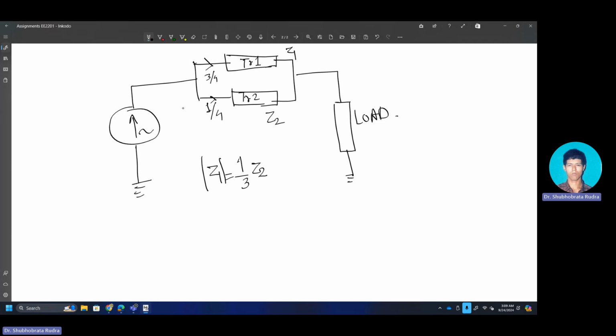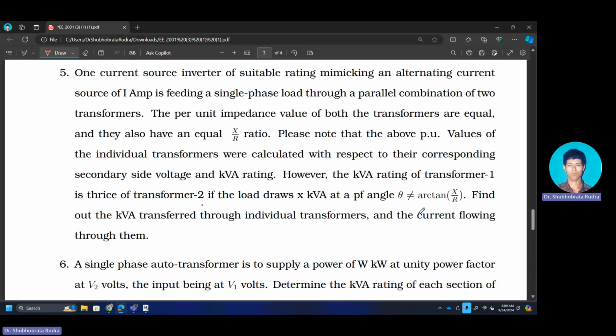of the total current. Now, since this is I, 3/4 I will be transferred through this, 1/4 I will be transferred through this. Since they have the same phase, this again will become I. Upon that, find out the KVA transferred through each individual transformer and the current flowing through them.